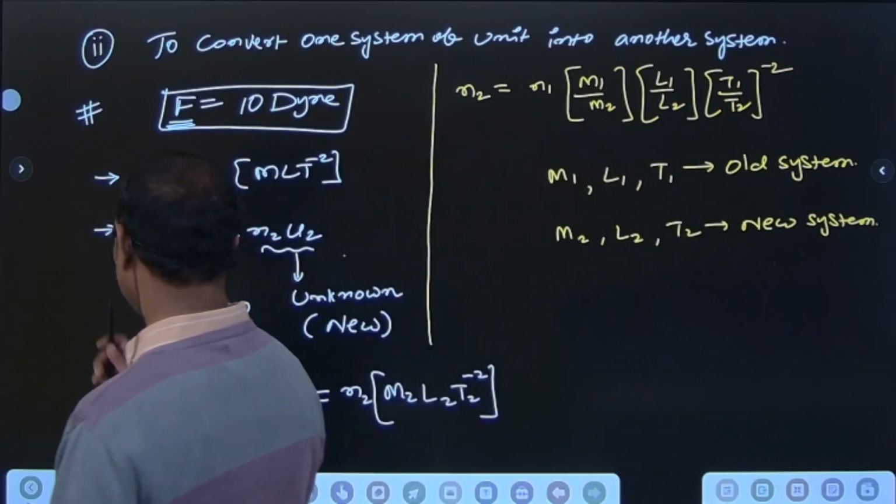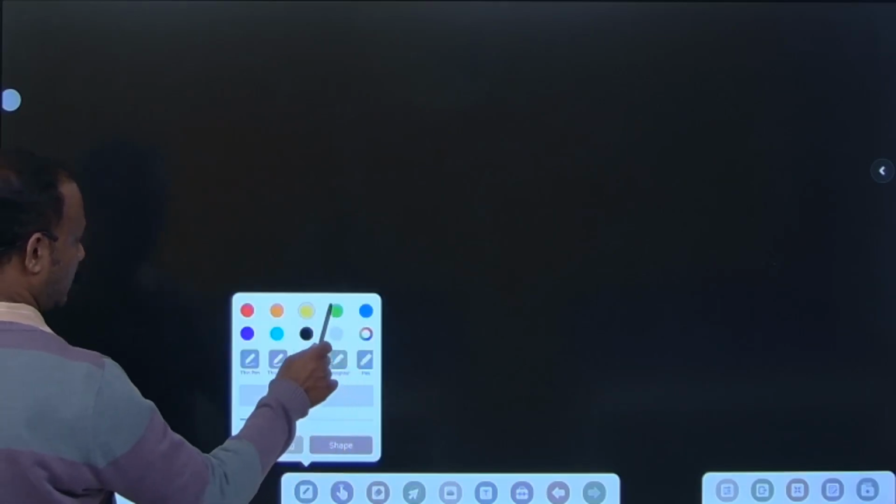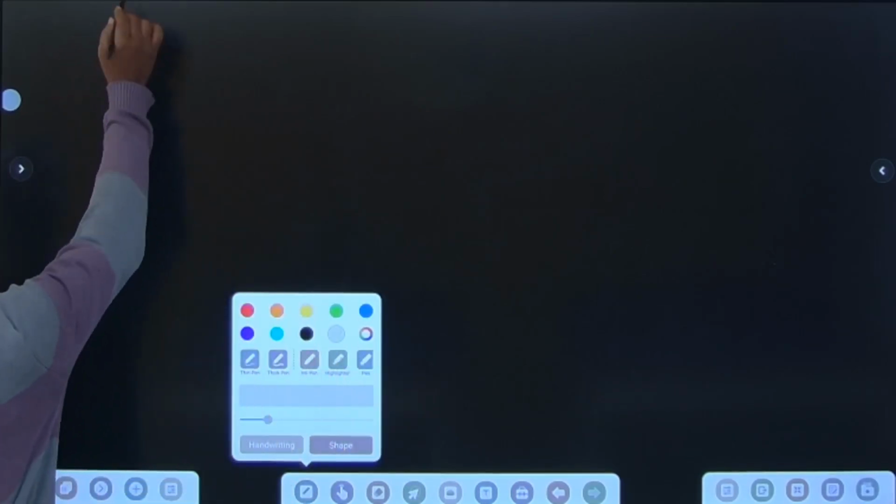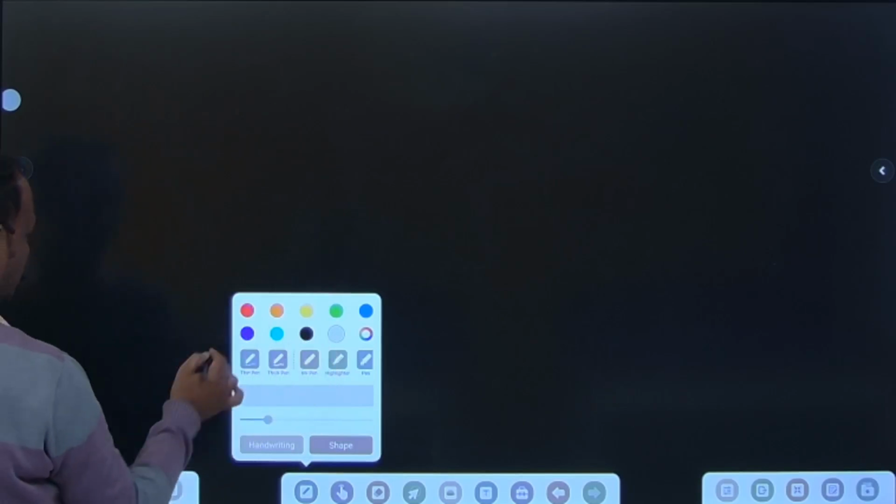Next, the third one is a very important, definite model for all levels of JEE, and also for NEET students.